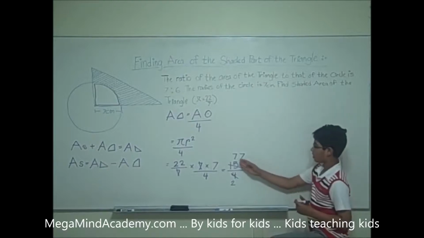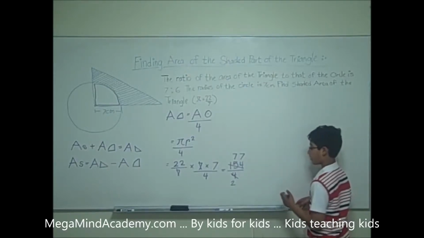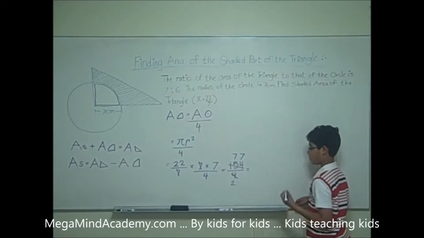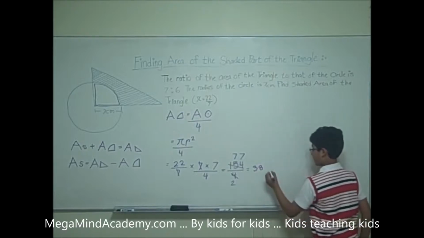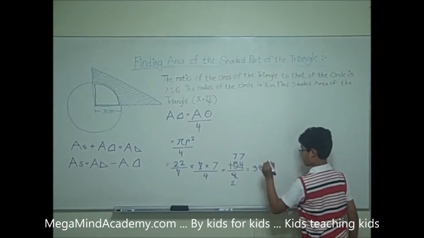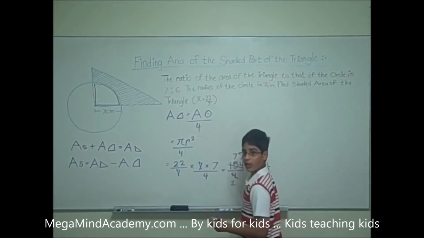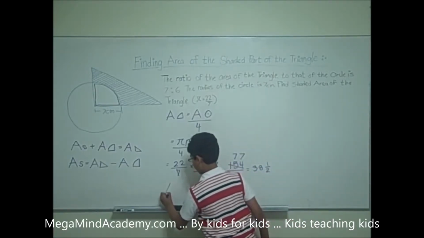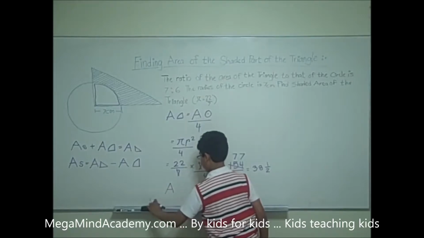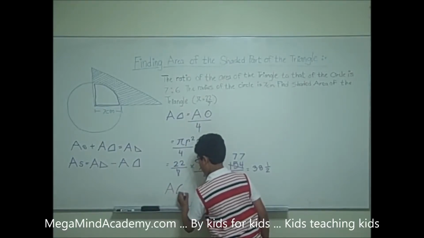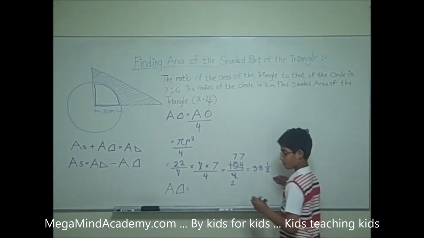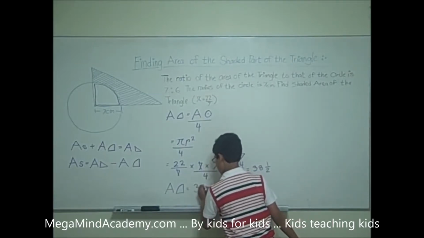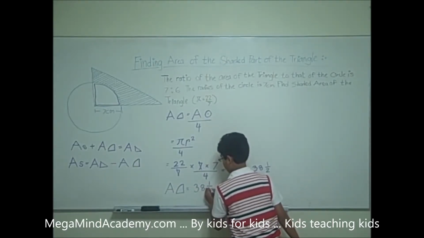So we have 77 divided by 2, which is equal to 38 and a half. So the area of the quadrant is equal to 38 and a half. Whoops, not a fourth, it's a half.